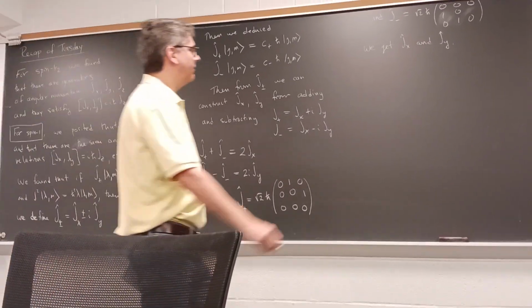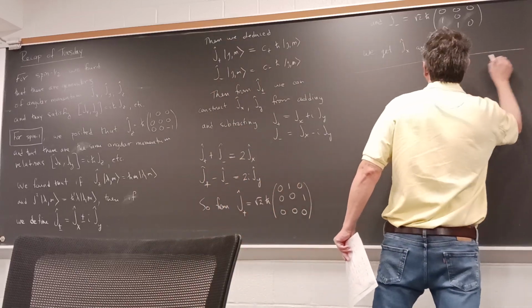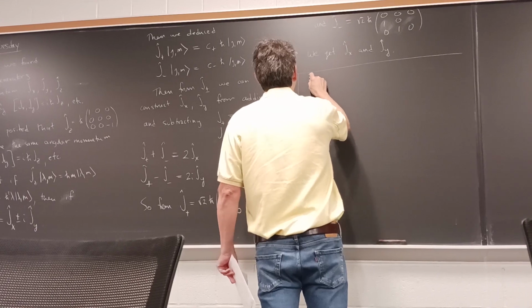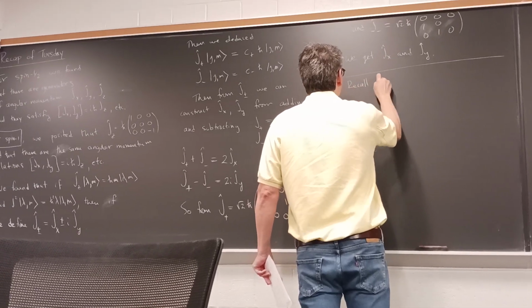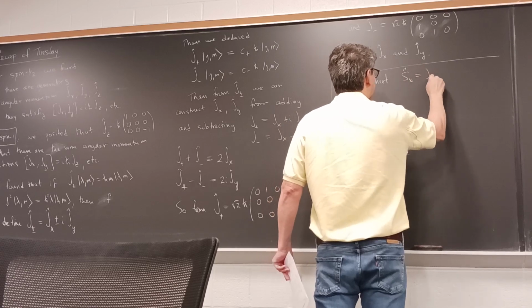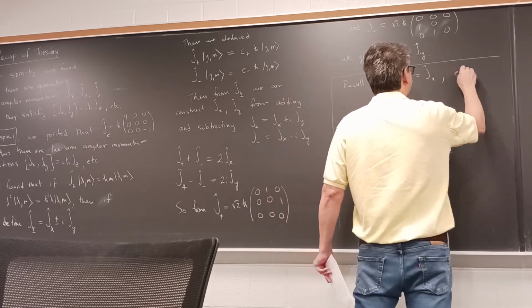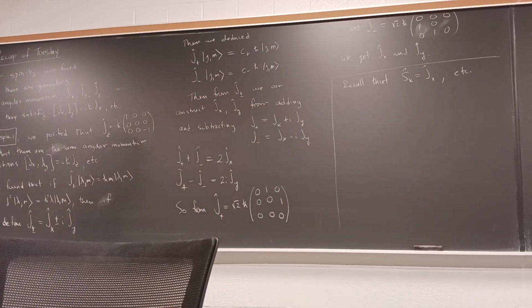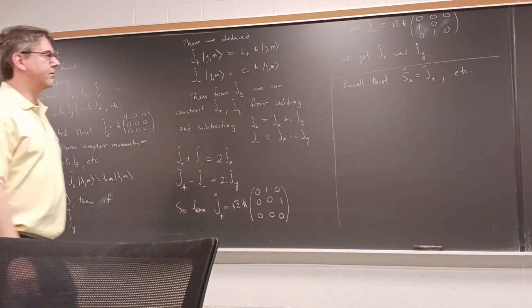Okay, now let's put this to use, but we're going to also recall that Sx hat was Jx and Sy was Jy and so on. We just defined those things as J's after we'd already found them.